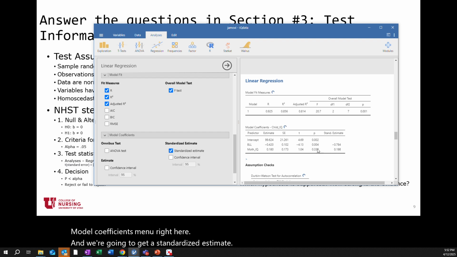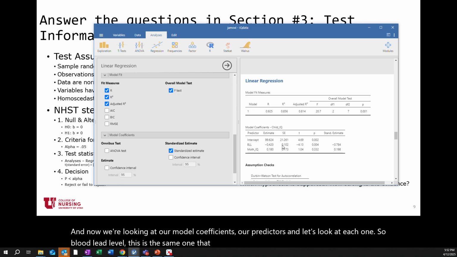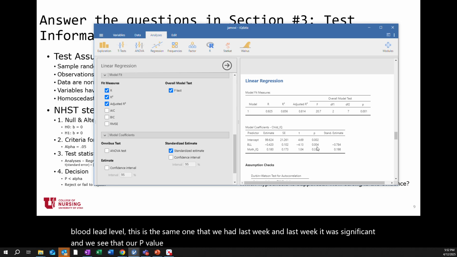So if we look now, before we looked at the model fit measures, which was our model overall, and now we're looking at our model coefficients, our predictors, and let's look at each one. So blood lead level, this is the same one that we had last week, and last week it was significant, and we see that our p-value is 0.004.